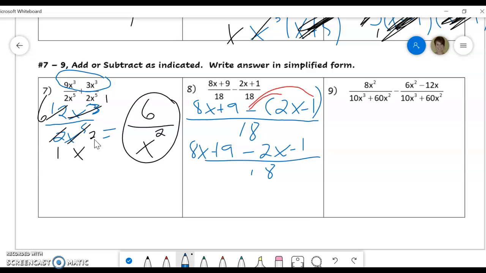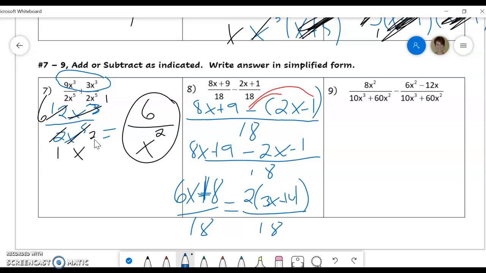So an 8x minus 2x is 6x, and a 9 minus 1 is 8. So we did subtract. Now what we have to do is we have to go back and simplify. So I'm going to factor out a GCF of 2. So I'm left with 3x plus 4 all over 18. And then since 2/18 reduces to 1/9, your answer would be 3x plus 4 all over 9.